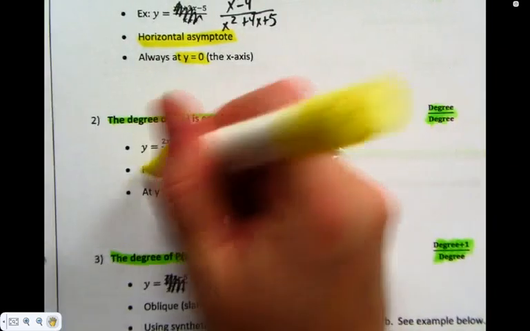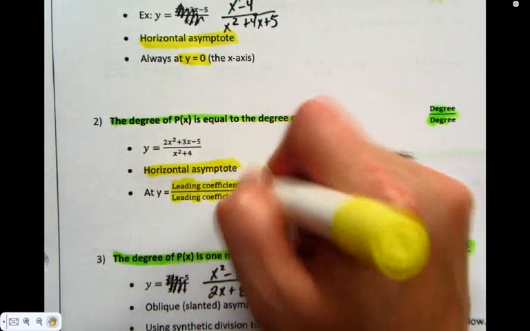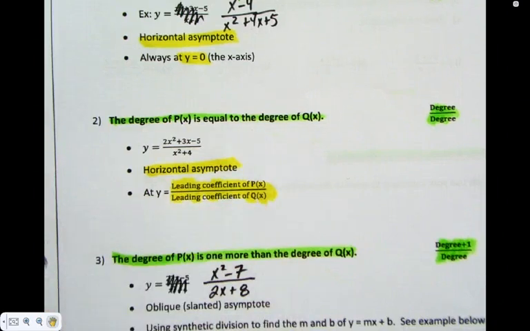If it's degree over degree, so the 2 degrees are identical, you still have a horizontal asymptote. However, it's not at the x-axis, and I'll explain what this little formula means when we get down to an example. We call it the leading coefficient of p of x divided by the leading coefficient of q of x. So you still have a horizontal asymptote, it's just not at 0. It's somewhere else, and this little formula will tell you where it is.